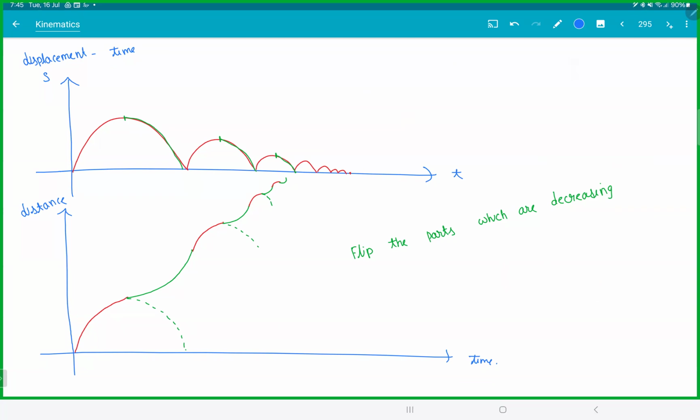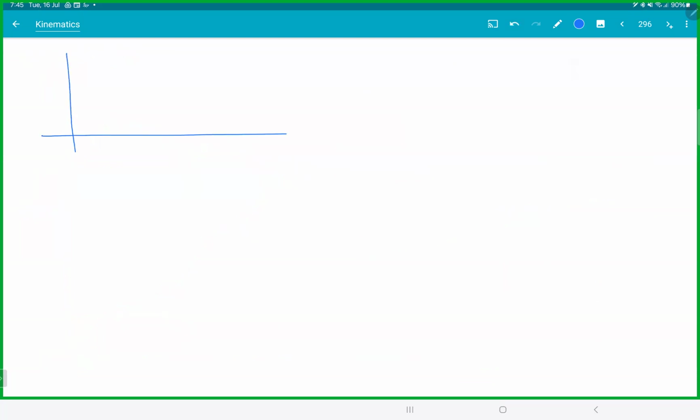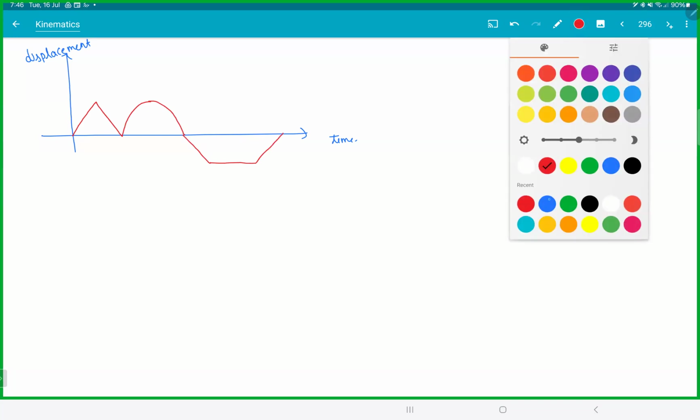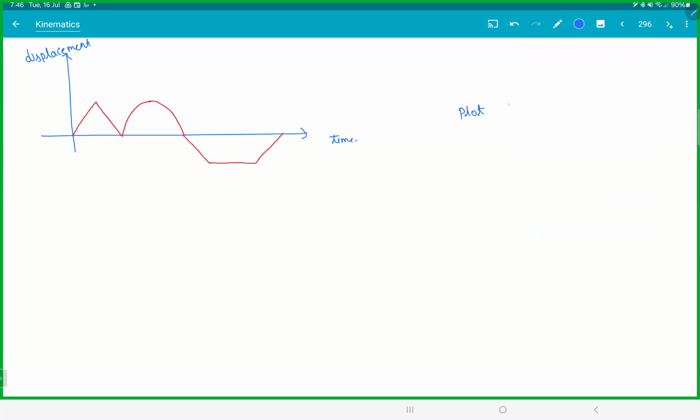Let me give you one more like this. You draw this. This is a displacement time graph. Can you draw a distance time graph? So I gave you a displacement time graph.